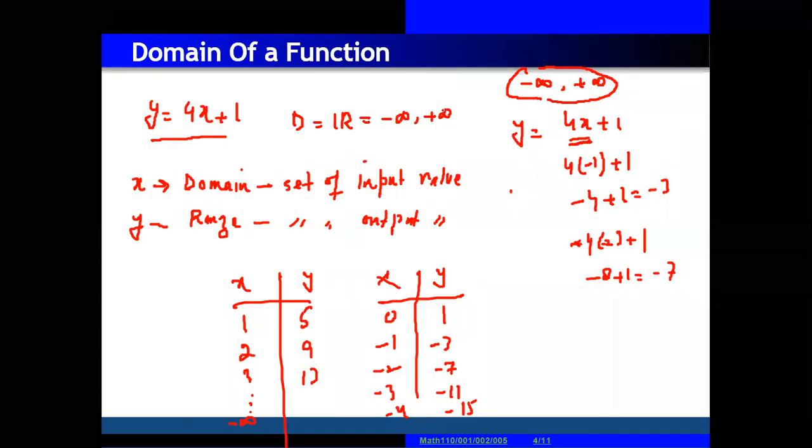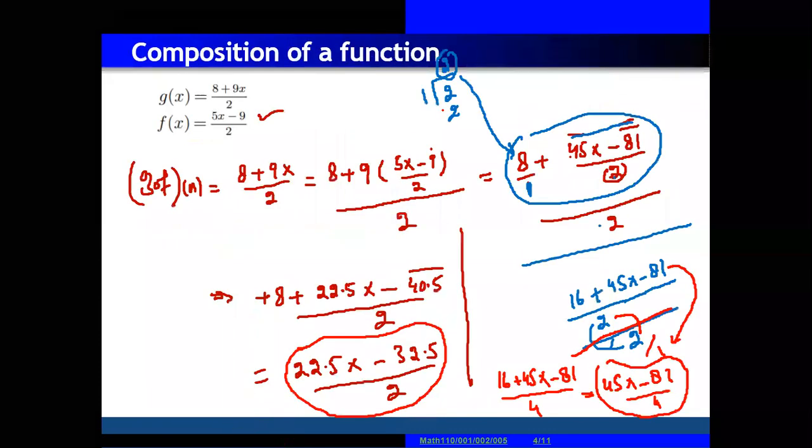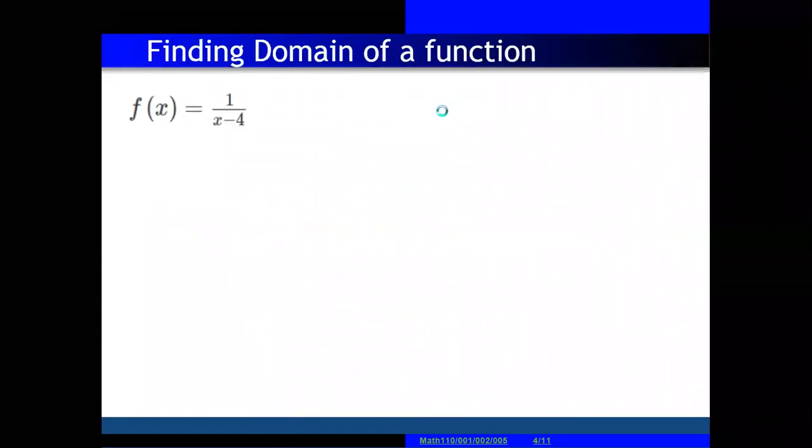Okay, like if we have this function 1 over x minus 4, what will be the domain of this? So you can see here, same as before, if we draw a table for x and y.